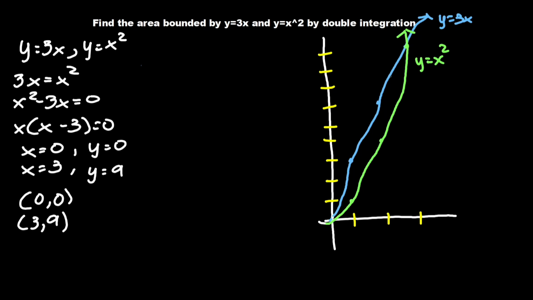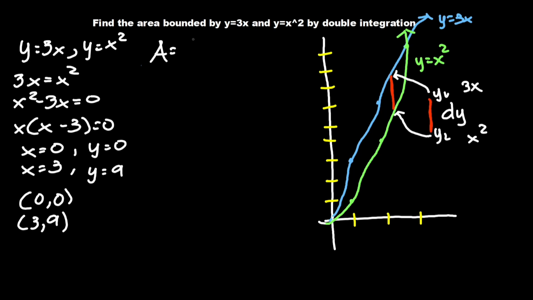So, try to take a slice of it. Visualizing this graph, the slice thickness corresponds to dx. And so, this would be y upper and y lower, wherein y upper corresponds to this blue line, which is 3x, and y lower corresponds to this green line, which is x squared.